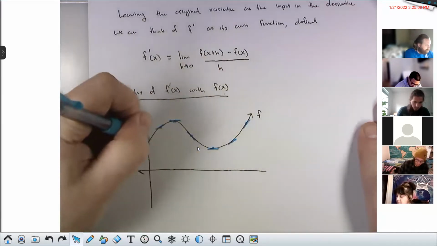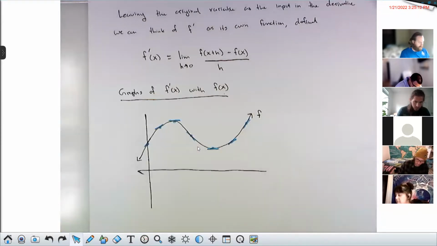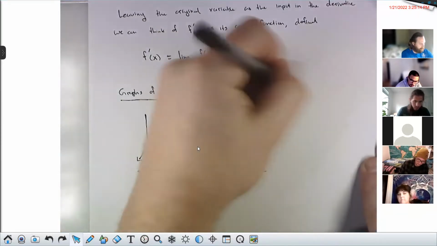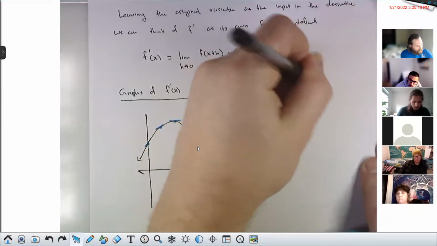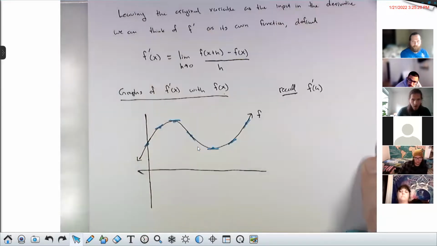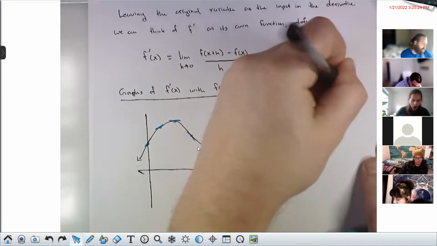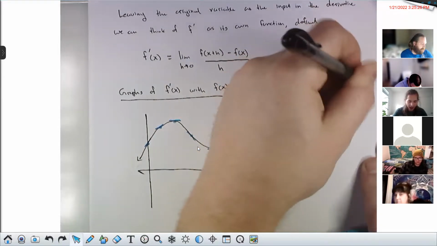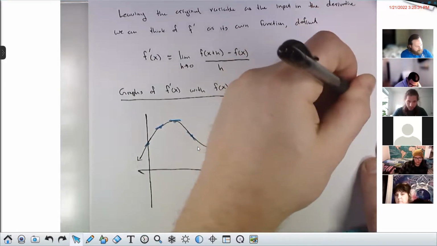And the trick is to remember that f prime of anything is the slope of the tangent to f at x equals a.